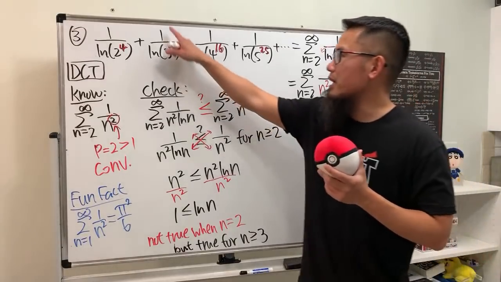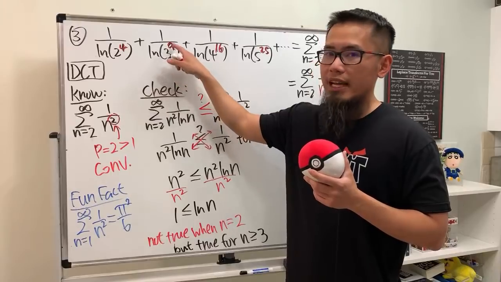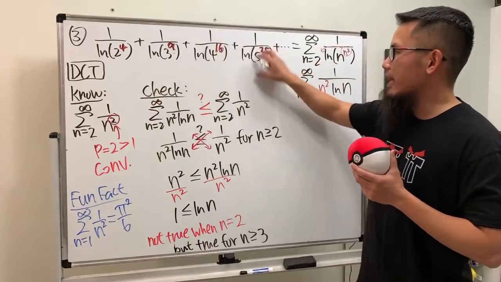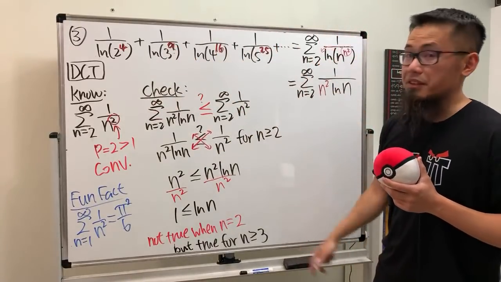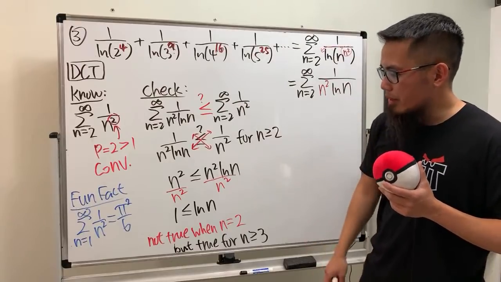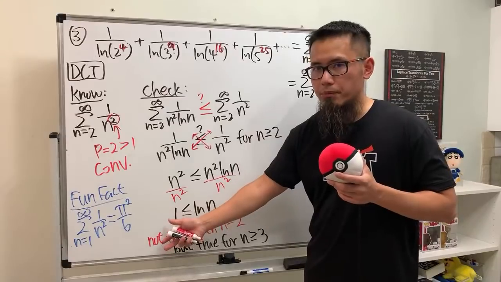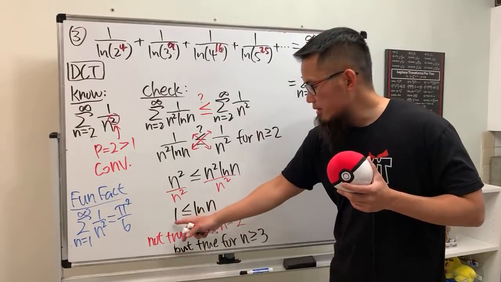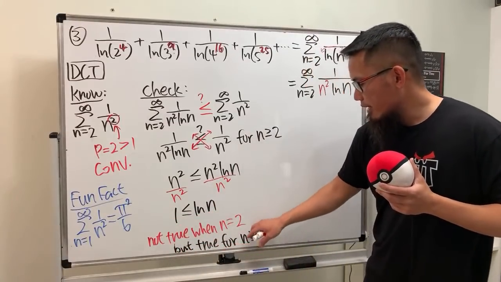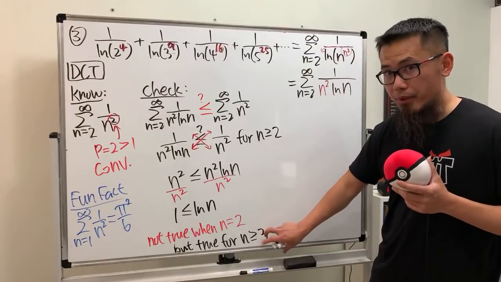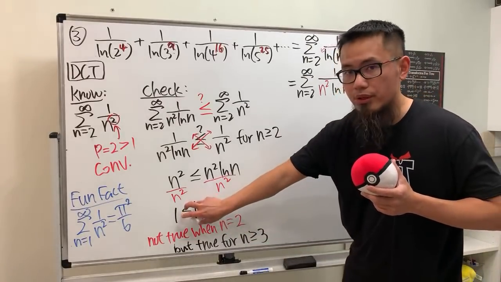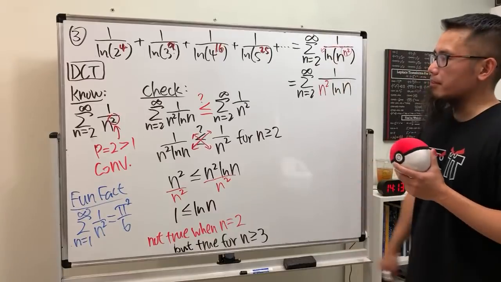I should have started with 1 over ln 3 to the 9th power, and then this, and then that, and so on. But if this kind of thing happens, just remember that if the first number or the first two numbers are not true, that's actually okay. As long as this inequality is eventually true for n greater than or equal to some number, that's okay. So just keep that in mind.